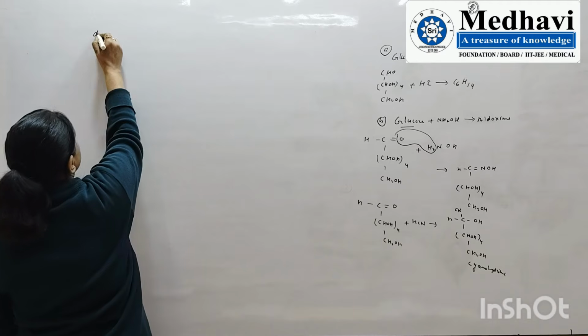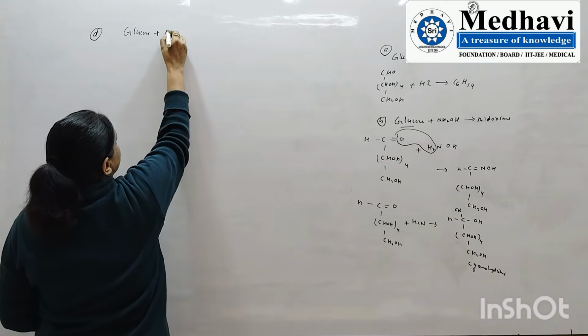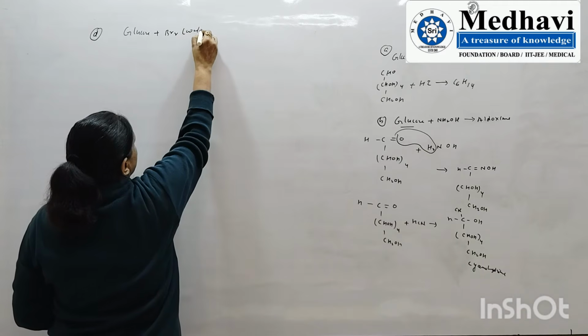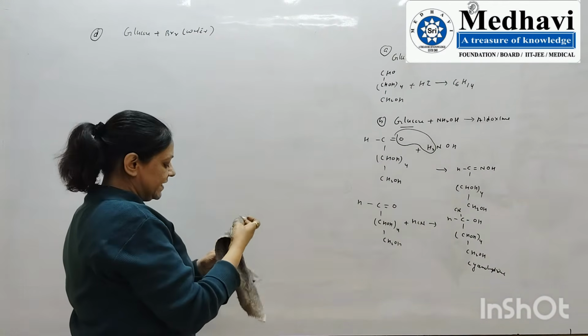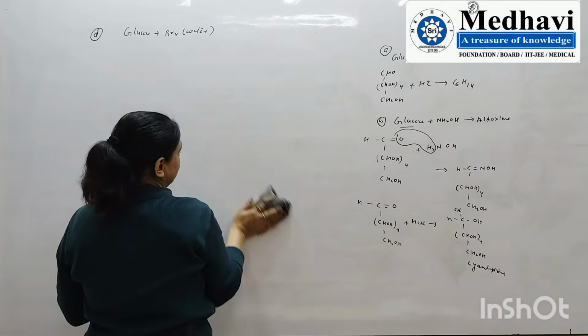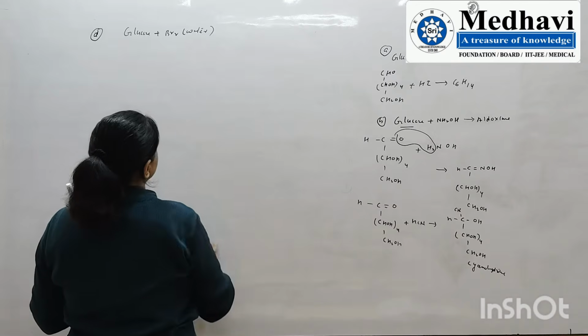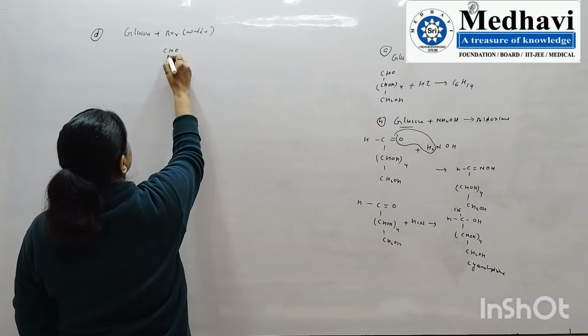When glucose is reacted with bromine water, which is a powerful oxidizing agent. Oxidizing agents are those agents which oxidize any compound, that means addition of oxygen takes place. So we can write the structure of glucose, CHO.